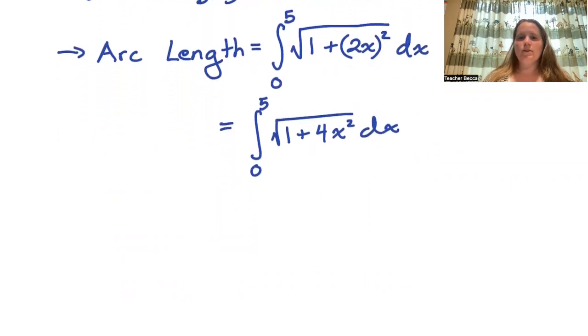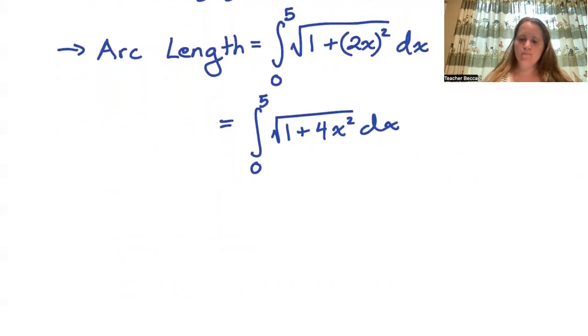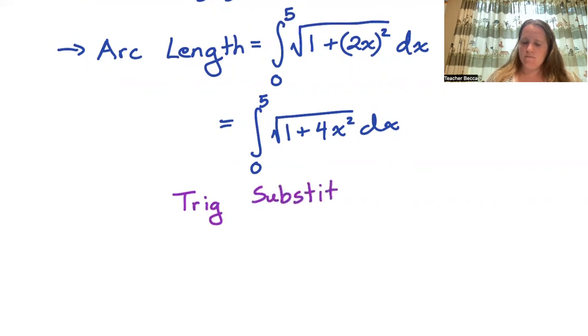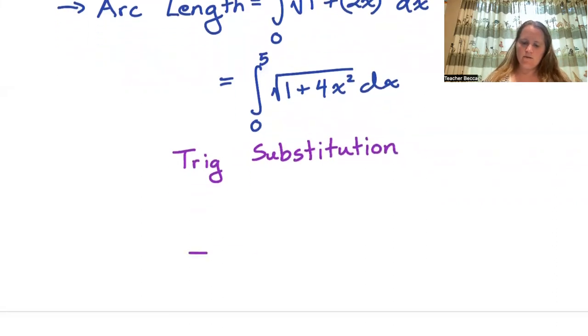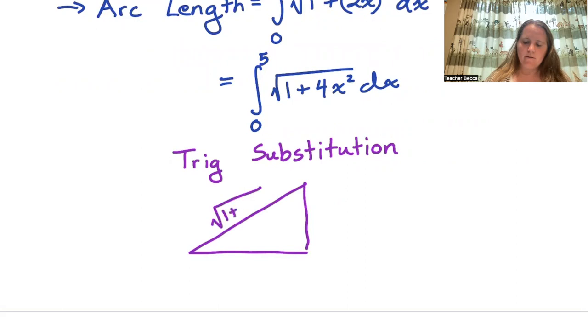This integral lends itself well to trig substitution. So if we go ahead and run trig substitution, drawing our triangle, that square root of 1 plus 4x squared would be our hypotenuse. 4x squared is 2x in parentheses squared, so we will do our opposite as 2x, and adjacent is 1.